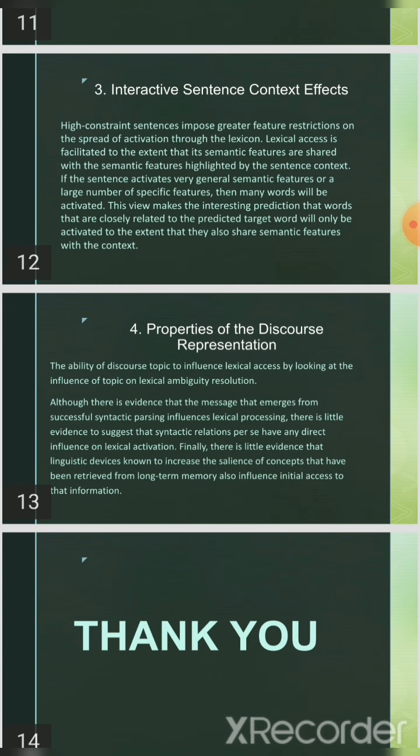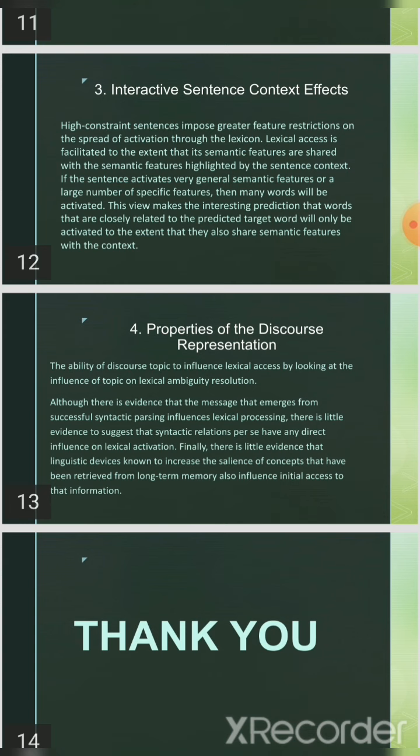If the sentence activates very general semantic features or a large number of specific features, then many words will be activated. This view makes the interesting prediction that words that are closely related to the predicted target word will only be activated to the extent that they also share semantic features with the context.